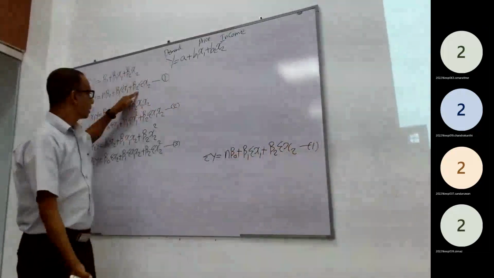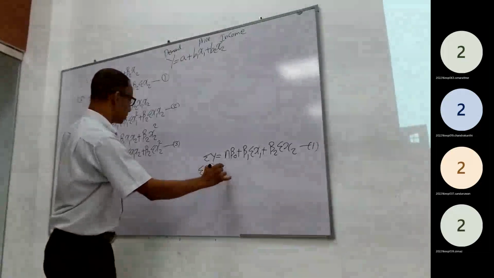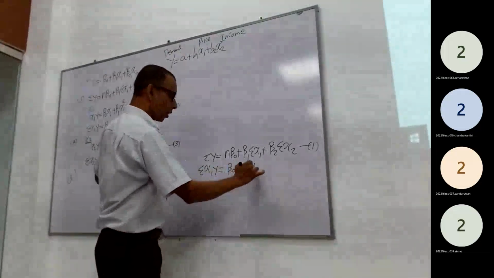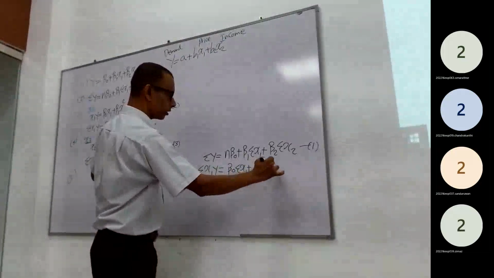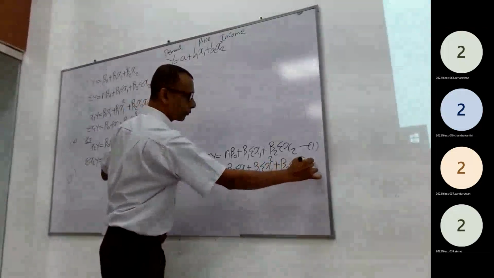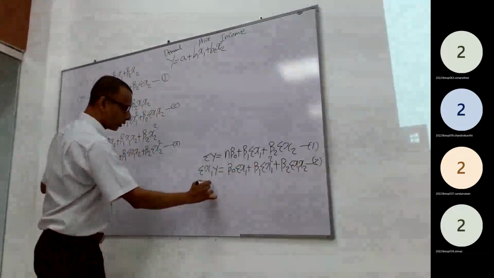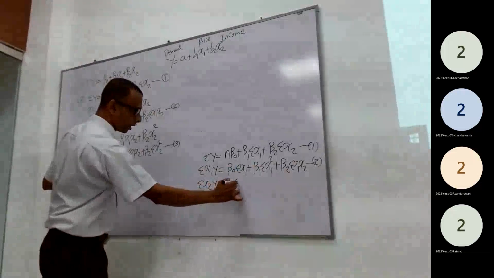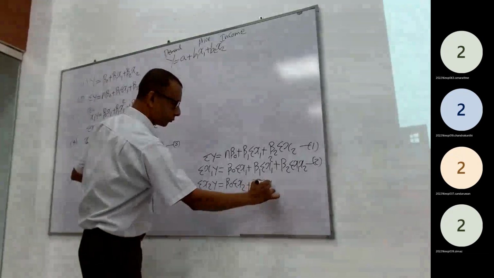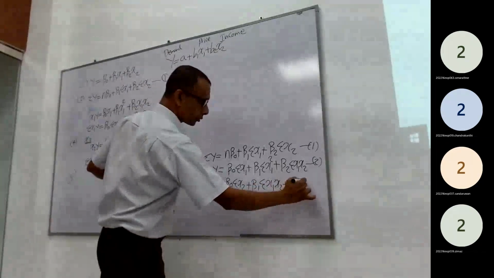Second: sigma x1 y equals beta 0 sigma x1 plus beta 1 sigma x1 squared plus beta 2 sigma x1 x2. Third: sigma x2 y equals beta 0 sigma x2 plus beta 1 sigma x1 x2 plus beta 2 sigma x2 squared.